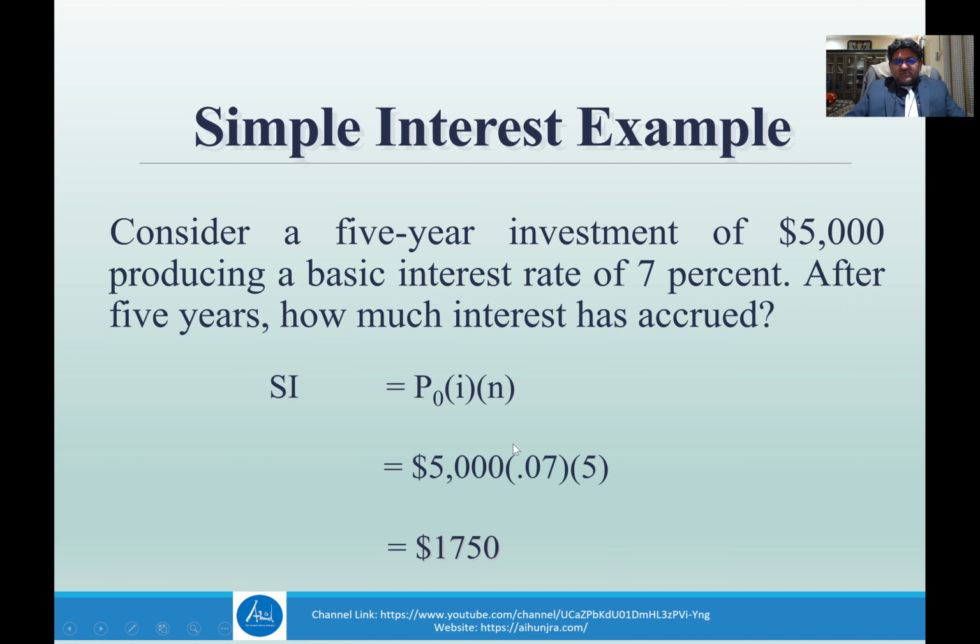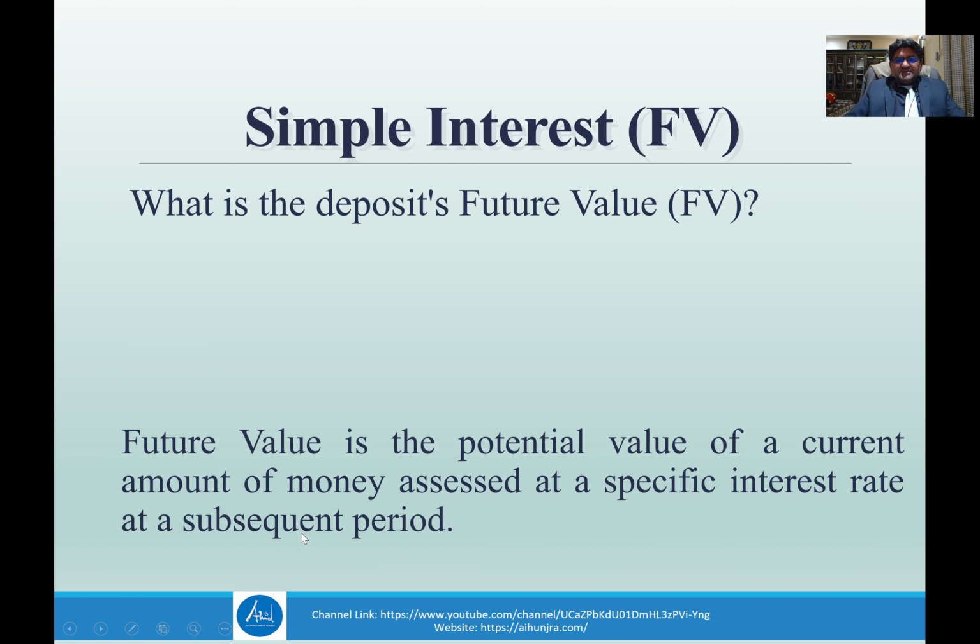When we put it in the formula, we convert it into a decimal, 0.07, and the time period is given, which is 5 years. After simplifying, we calculate the simple interest to be $1,750.